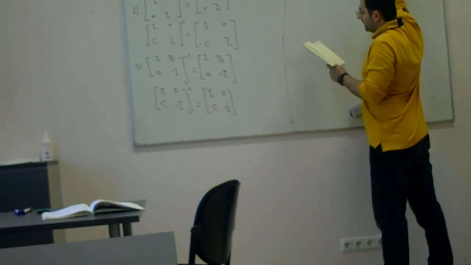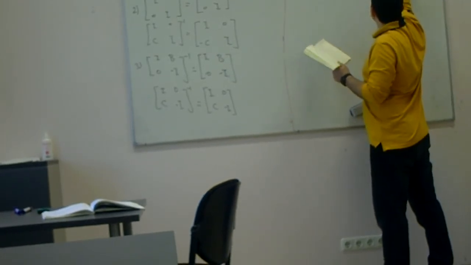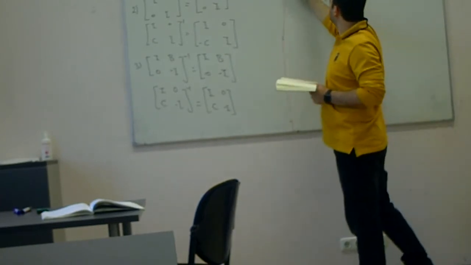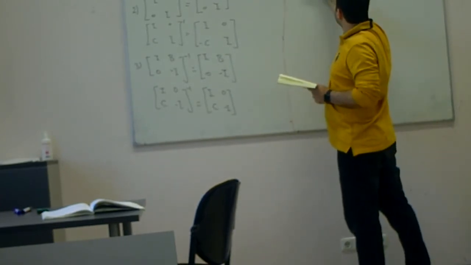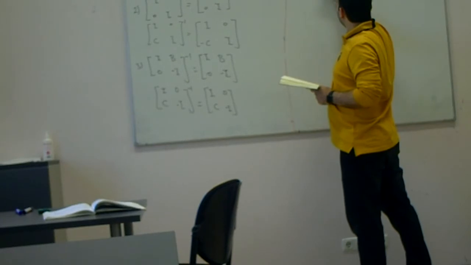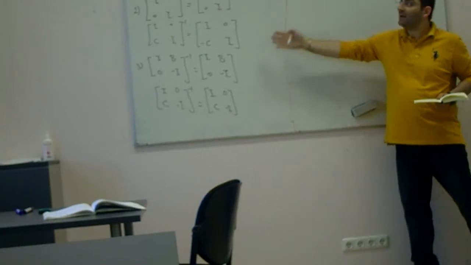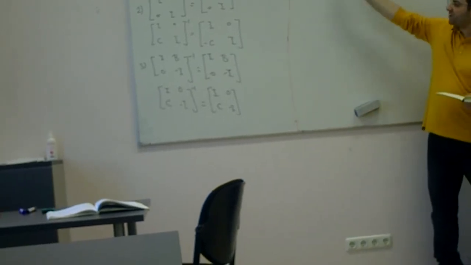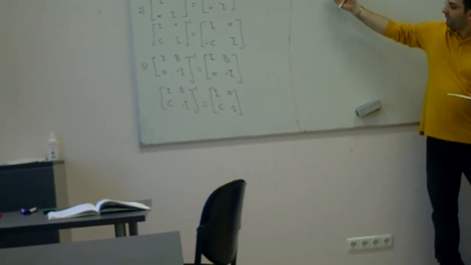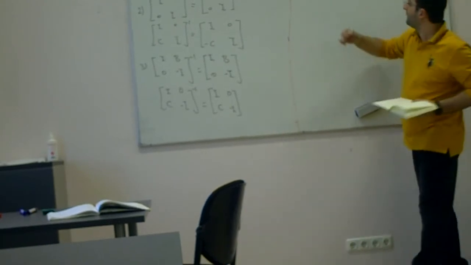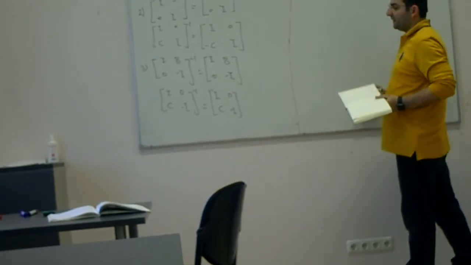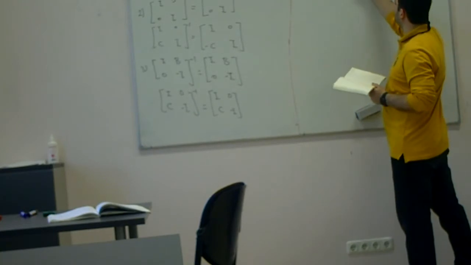Minus A inverse B, D inverse. You remember that from the first chapter. You can see that number 4 is the general form of 2, and number 5 is the general form of 3. Because if you replace I and D with the I, you can get the same thing.